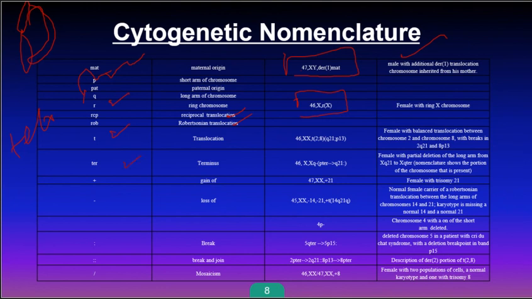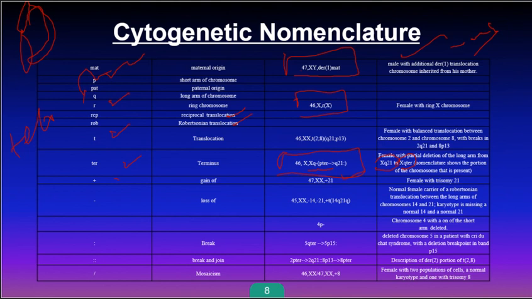Then ter means terminal. 46 is the original set of chromosomes, XX means it is female. Xq21 to Xqter means partial deletion of the long arm from Xq21 to Xq terminal. The semicolon sign basically means detail is further given. Plus means gain: 47,XX,+21 is a female with trisomy 21, a general case of Down syndrome.